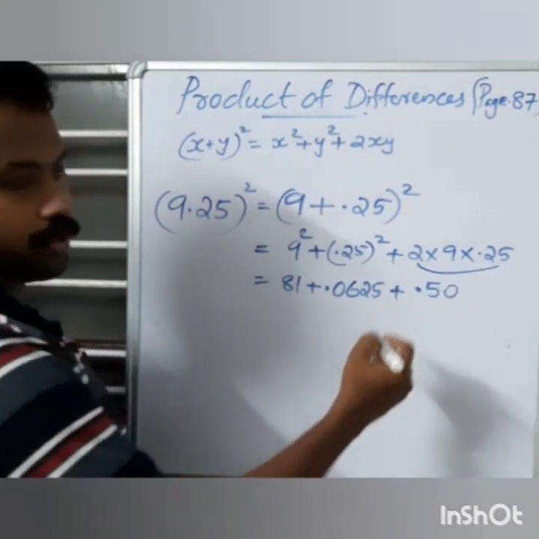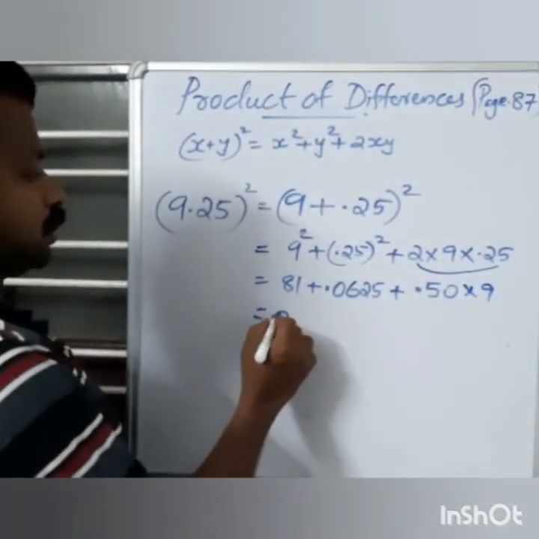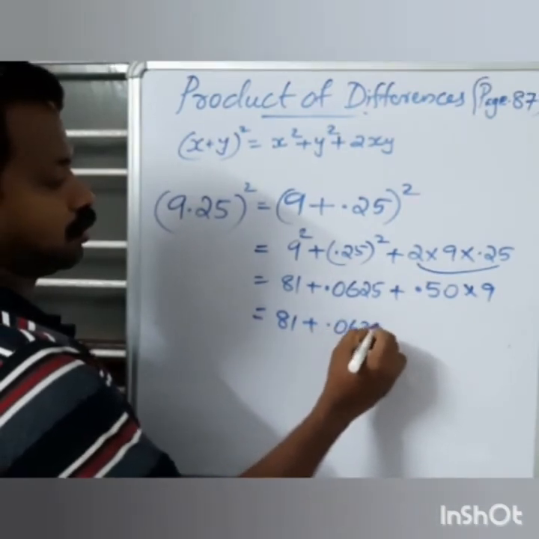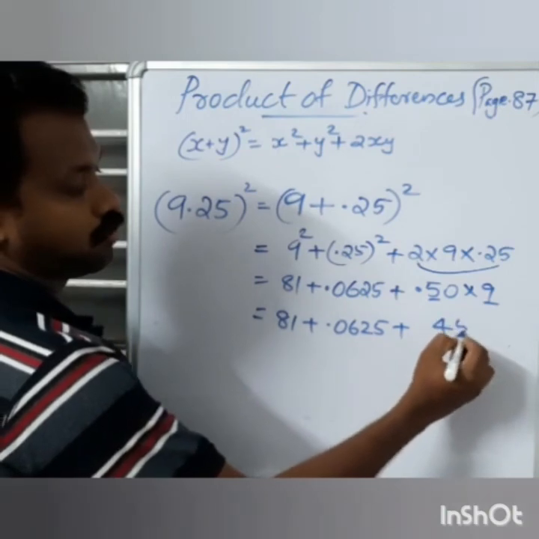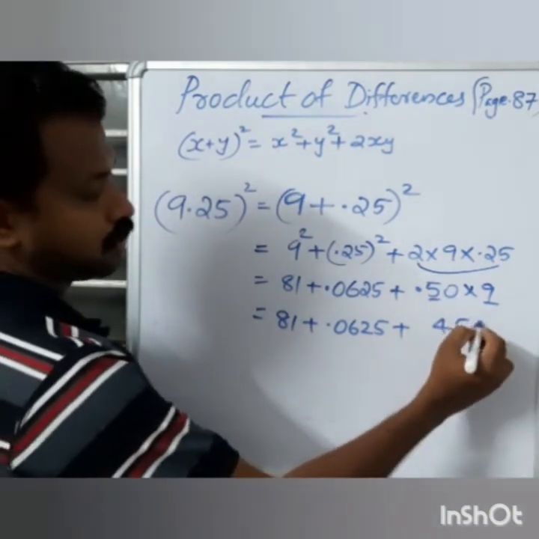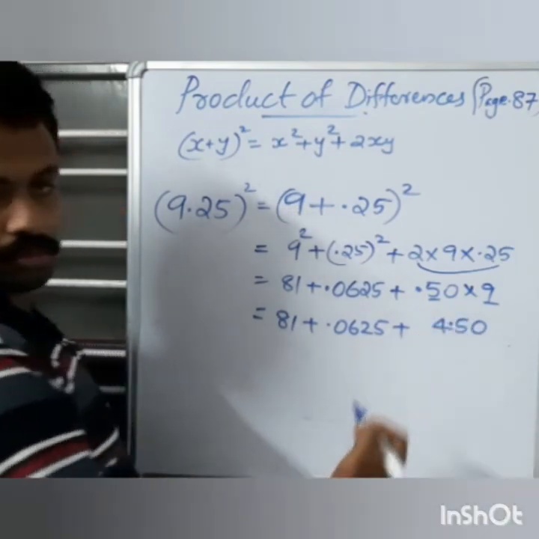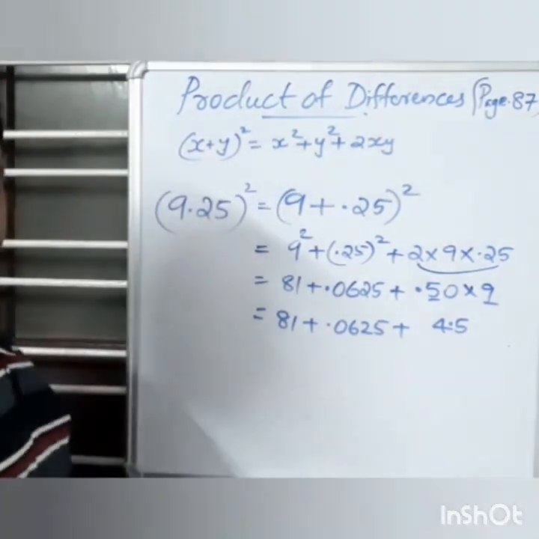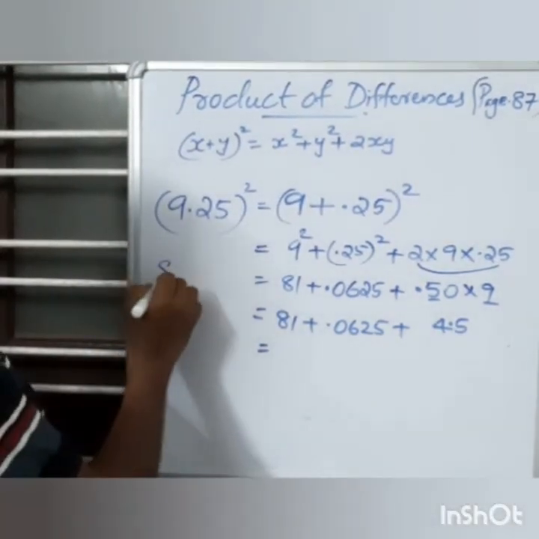2 decimals. So 0.5 into 9. Then it is 81 plus 0.0625 plus 5 into 9, 45. Then 1 0. Then 2 decimals here. So 4.5. 0 I can cancel it. 4.5. So we have to add these three. 81.